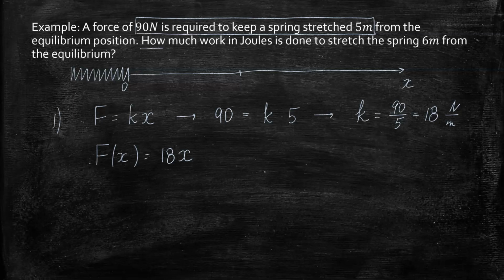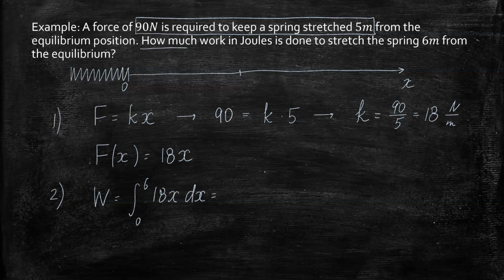Now we're going to be reading the actual question, and as I read it, I'm going to set up the problem. How much work in joules is done to stretch the spring 6 meters from equilibrium? So I literally interpret this question as finding the integral from 0 to 6 of f of x, but f of x, as we found right above, is just 18x dx.